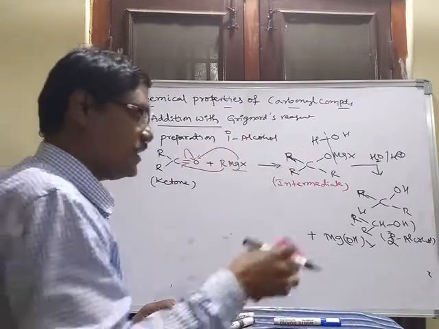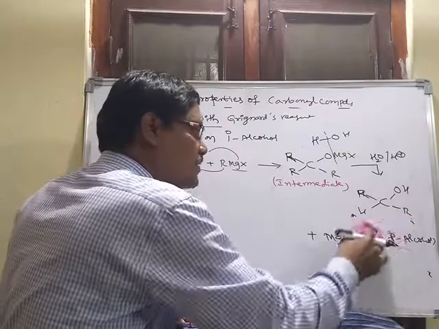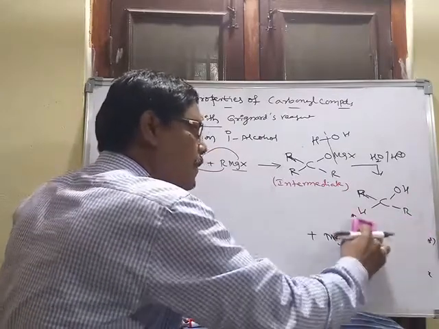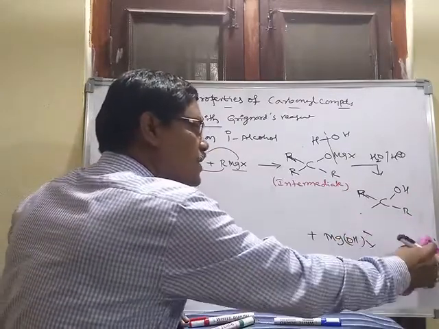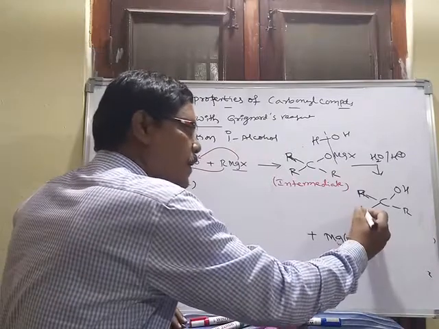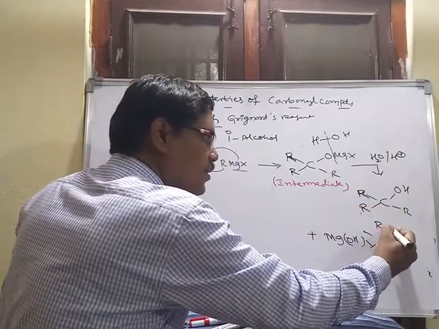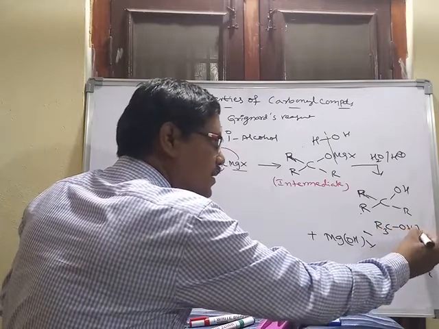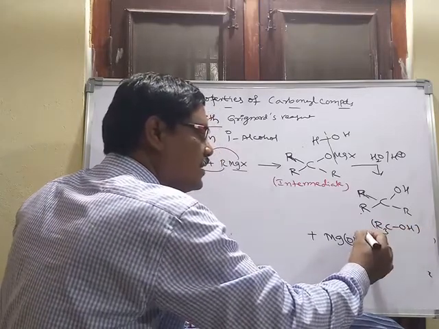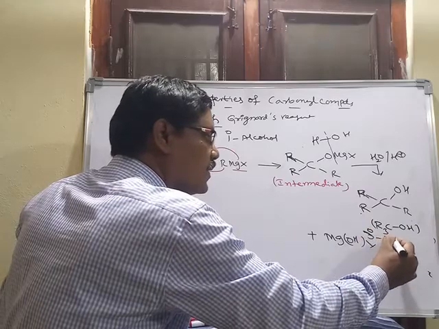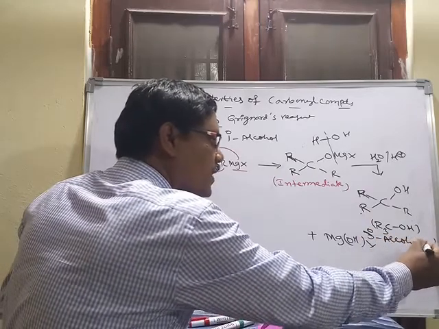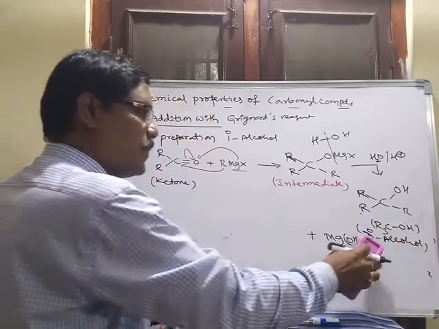Three R's are obtained. So this is one more R. That is R3COH. This is called a tertiary alcohol.